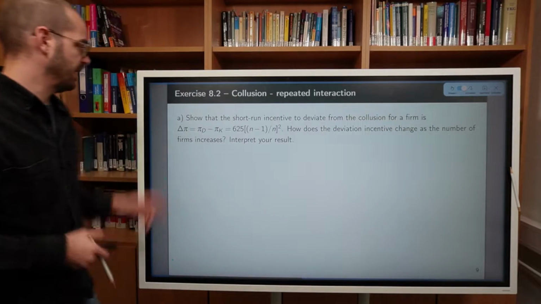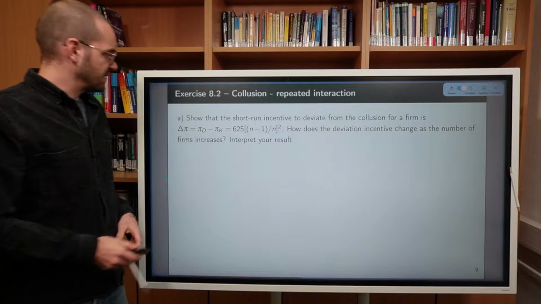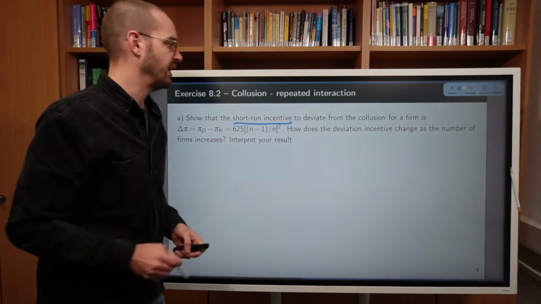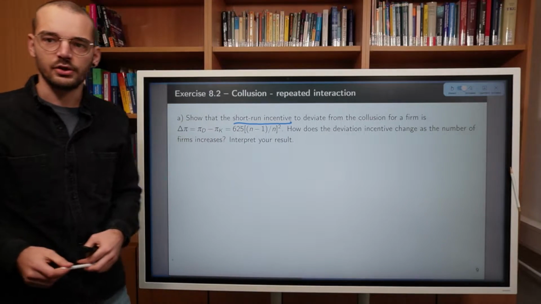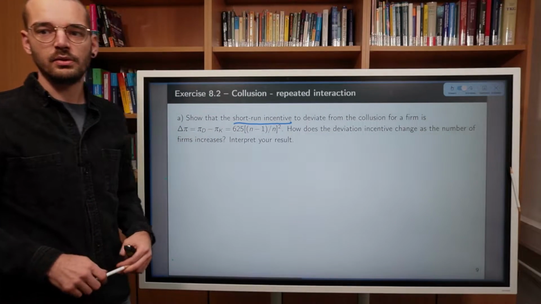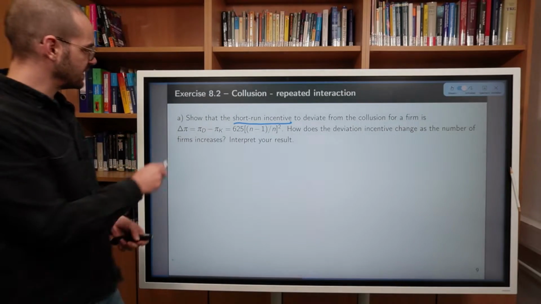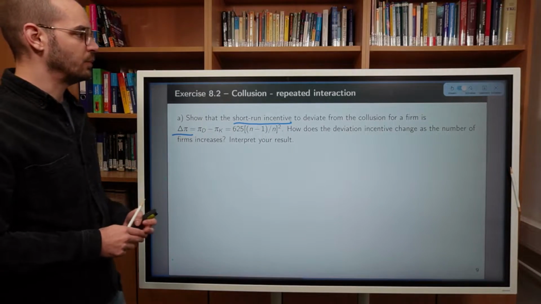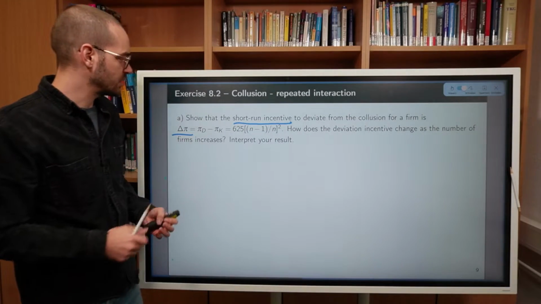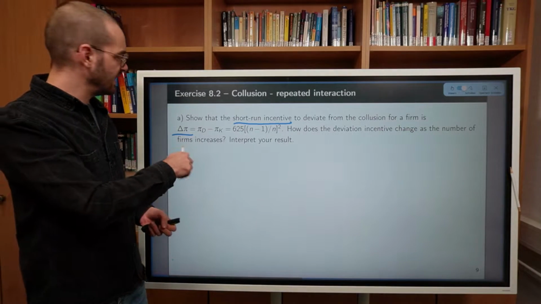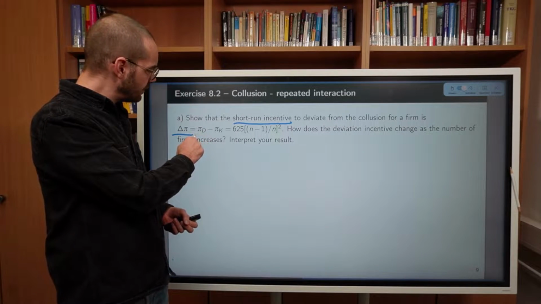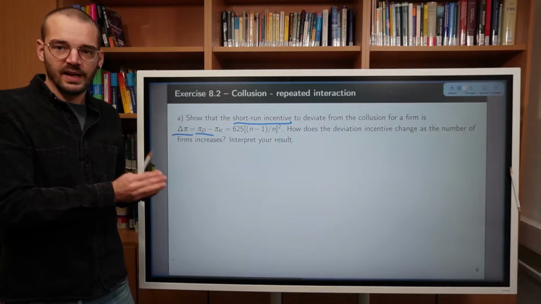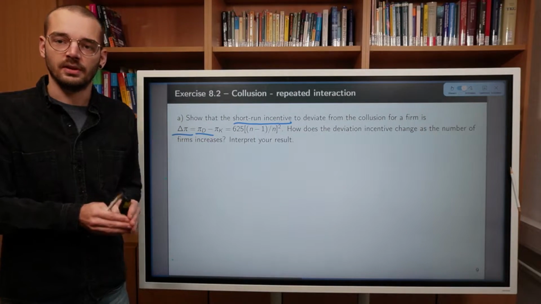Alright, so for the start, let's have a look at the short-term incentive to deviate. So we are asked to show that the short-term incentive to deviate from the collusion for a firm is this delta pi, the difference in profits. And more precisely, we are asked to show that this incentive is the difference between profits under deviation, pi d, and profits under collusion, pi k.